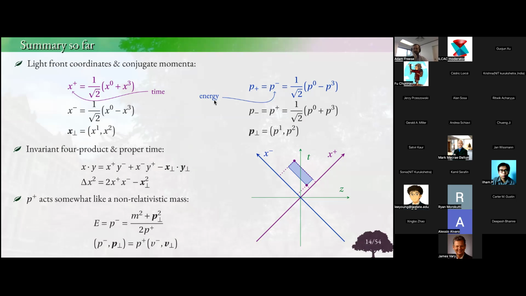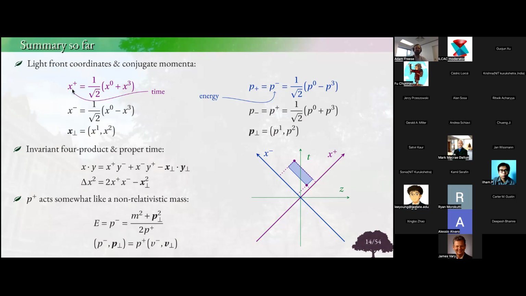Your canonically conjugate energy and momenta are given by p minus is conjugate to x plus, p plus is conjugate to x minus. This works out automatically, and your convention for raising and lowering indices is that a four-vector component with a lower plus is equal to the component with an upper minus, and lower minus is equal to the component with an upper plus.